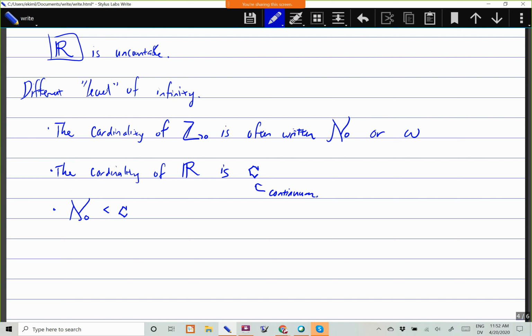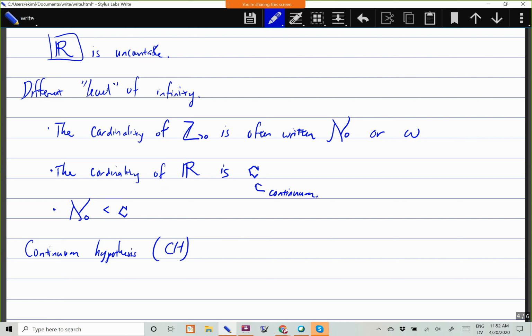So what I want to mention is that there's this thing called the Continuum Hypothesis, which I'll abbreviate CH. This was a conjecture.